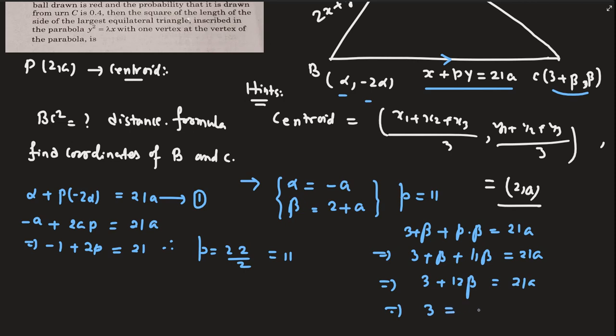Now p is 11. Check the calculation once. x is 3 plus beta, p times y beta, 21. Yes, 12 beta.